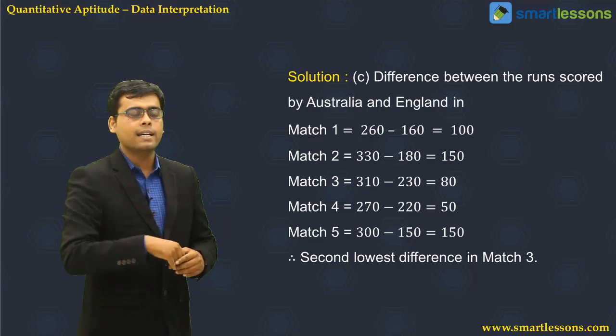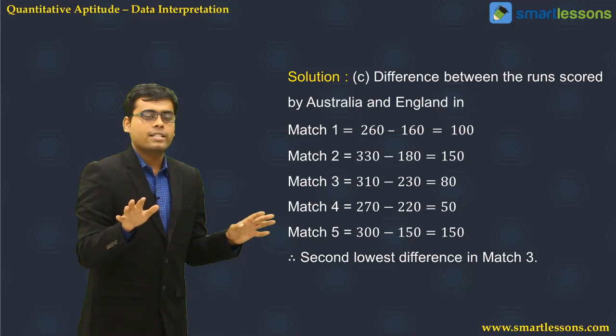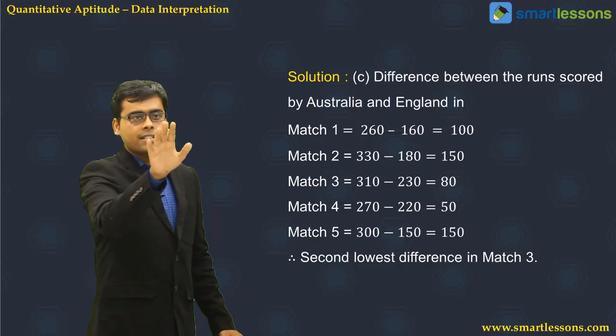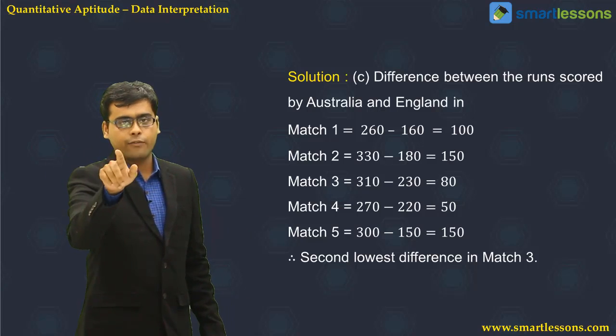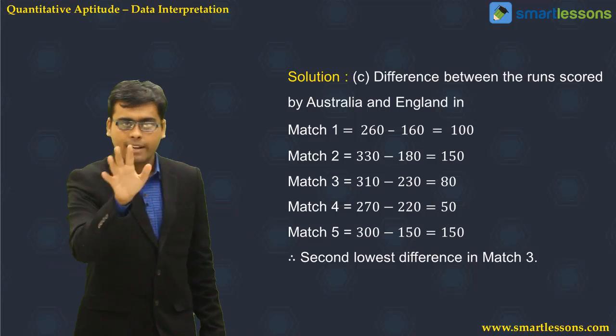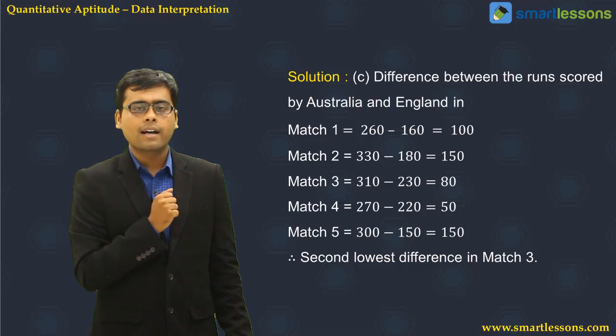As you can see, match 3 has the second lowest difference. The lowest difference is 50, which happened in match 4. So the second lowest difference is 80, which happened in match 3. So option C is the correct option.